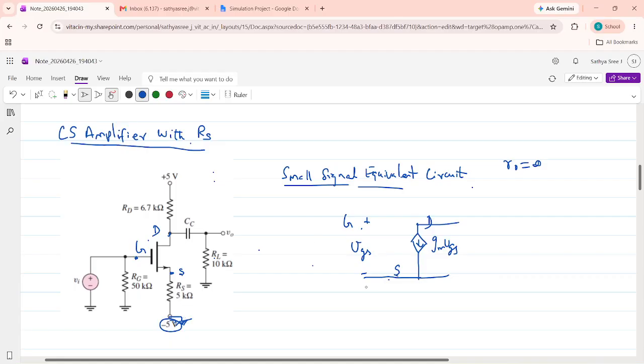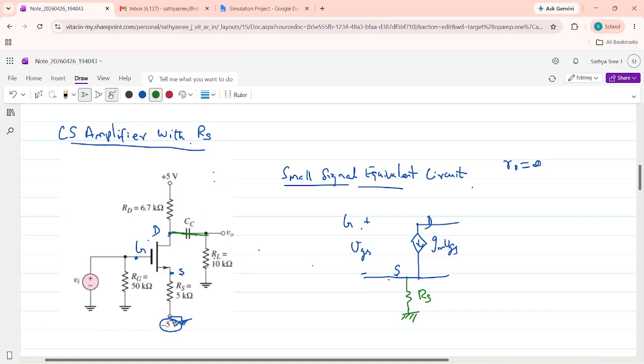So from the source, we have an Rs. The other end of Rs is connected to ground. Now if you see the drain part, there is a coupling capacitance that has to be short circuited in the small signal model.